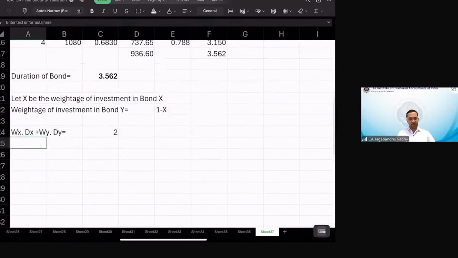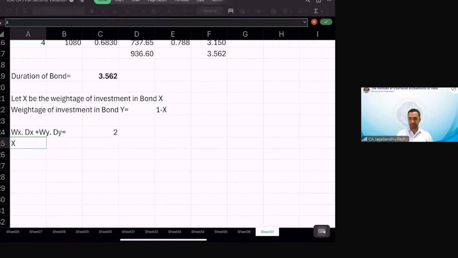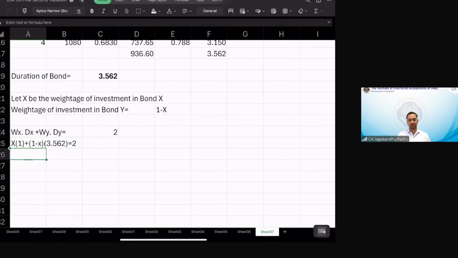So weight of X is assumed to be X. So X multiplied by 1 plus weight of Y, which is 1 minus X, multiplied by 3.562 should be equal to 2.